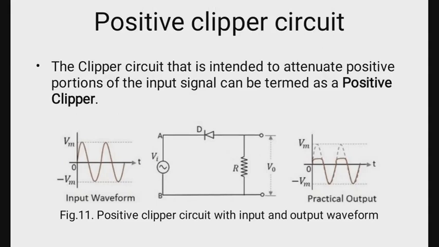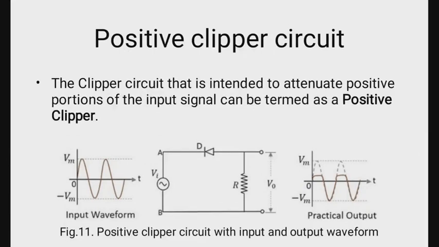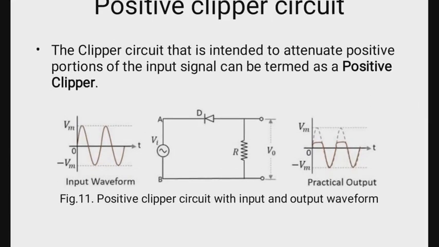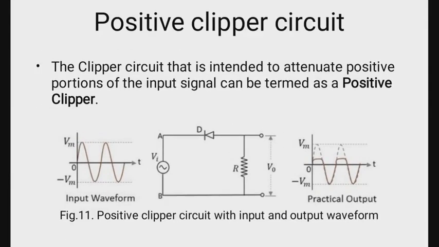But when the polarity changes, that means when the negative polarity comes, the P side of the diode will be connected to a more positive value compared to the N side. The diode is then in short circuit or forward mode condition, so the output voltage V0 is a replica of the input voltage. That means V0 is equal to V in.